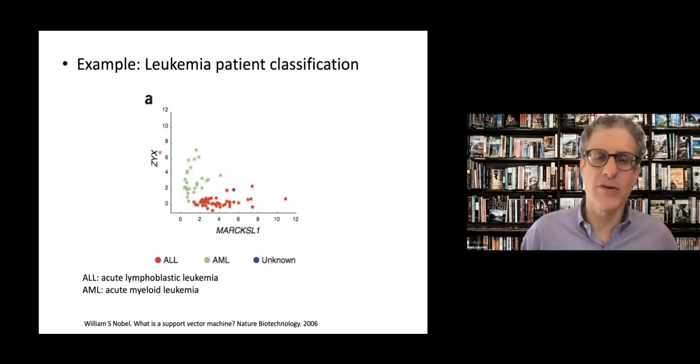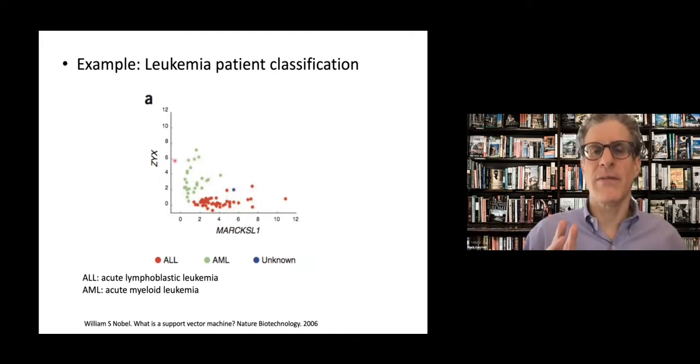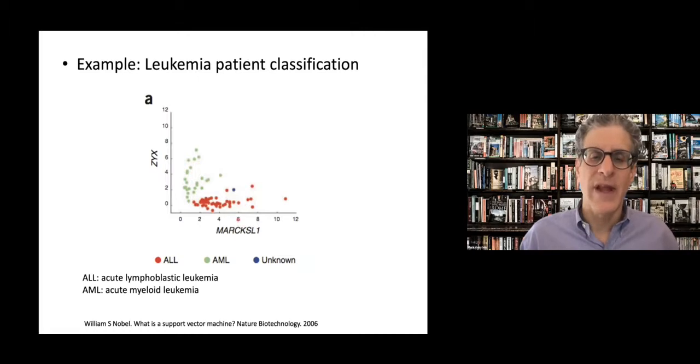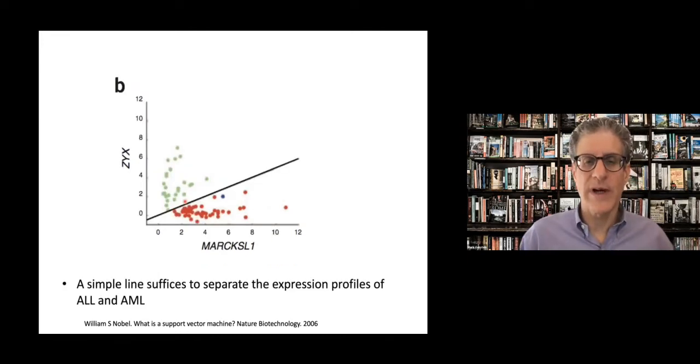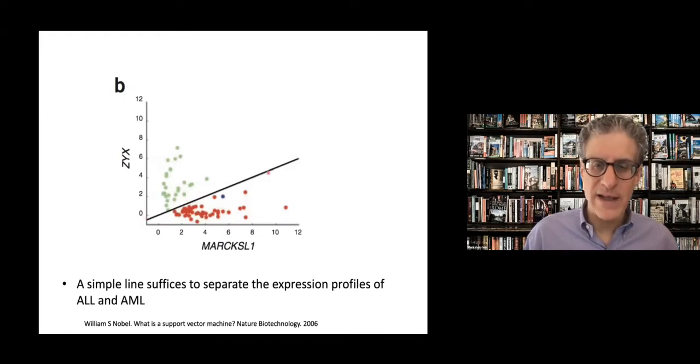And now, of course, we can't look at the 20,000 dimensional space of all the different genes, but let's just look at two different genes here. They're shown here, and we can see that for these two genes, they seem to have different levels for the green and the red points. And so here we might be able to easily make a dividing line between these two things.